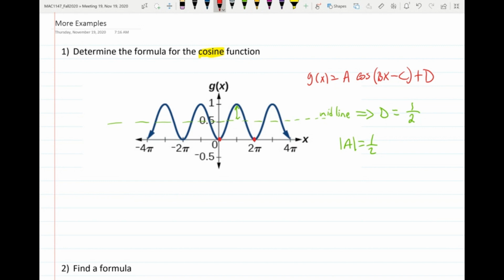From 0 to 2 pi, it's kind of clear that we have this picture, and then that shape just keeps on repeating over and over again, to the right and to the left. Do you all see this?